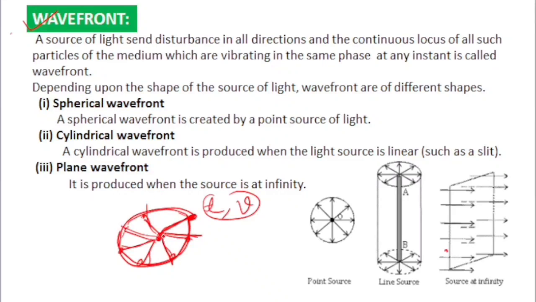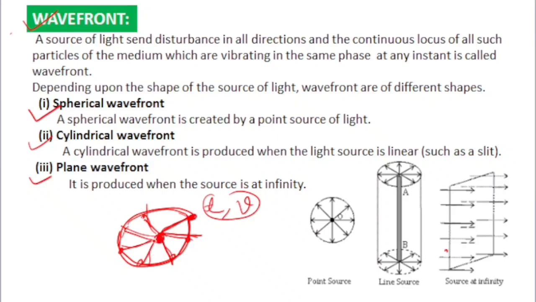Depending upon the shape of the source of light, this wavefront is of three types: spherical wavefront, cylindrical wavefront and plane wavefront. When the source is a point source, a spherical wavefront is formed.